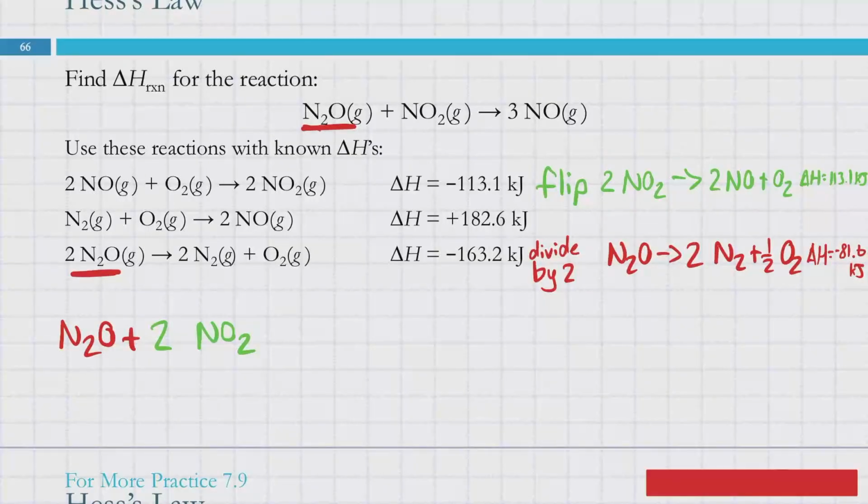On the right side, blue arrow, we've got 2NO plus 2N2 plus 1.5 O2.